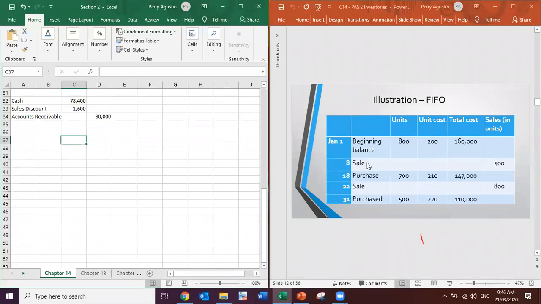And of course, we have our sales. So if we have 800 units in the beginning, and we have sold 500, would it reduce the inventory that we have? The answer there, of course, would be yes. So 800 minus 500. Therefore, we only have 300 left.